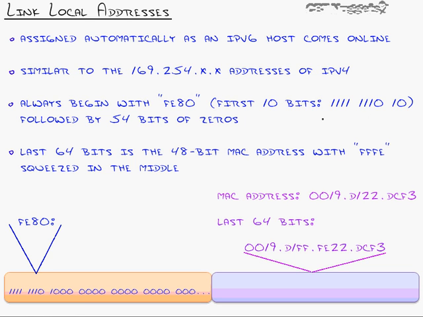Now, when I got into IP version 6 addressing, I needed a little hexadecimal review. Just because I'm so used to decimal and binary from IP version 4, moving into the hex world was a little tough. But the first thing you have to remember is that every single one of these digits is represented by 4 binary bits. 1, 2, 3, 4. Now, the way it works is very similar to decimal. Every character in the address has 4 bits. All zeros is really 0. 0001 is really 1. 0010 is 2.